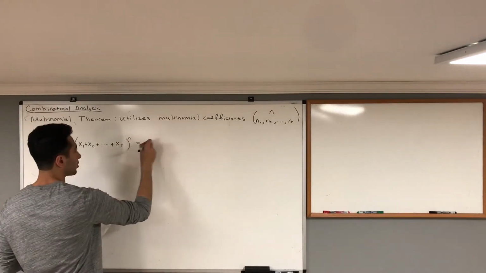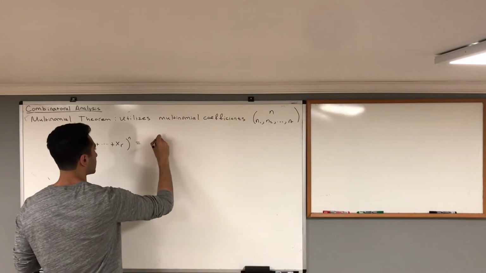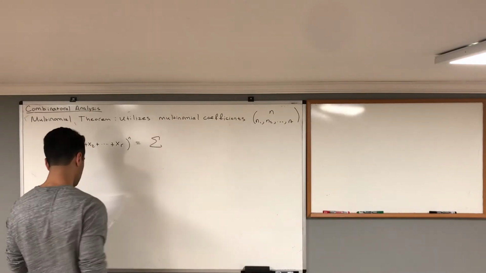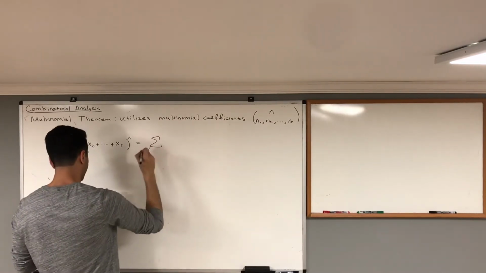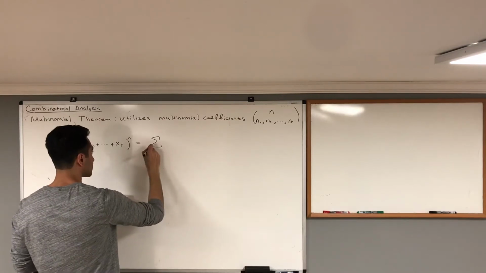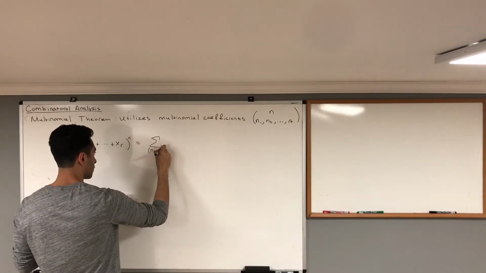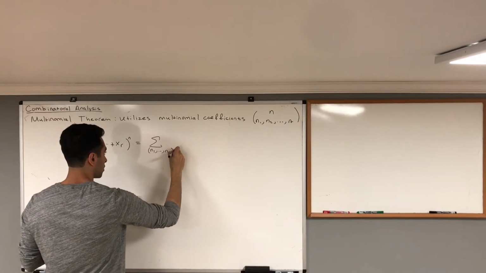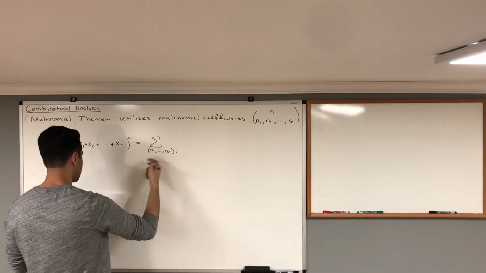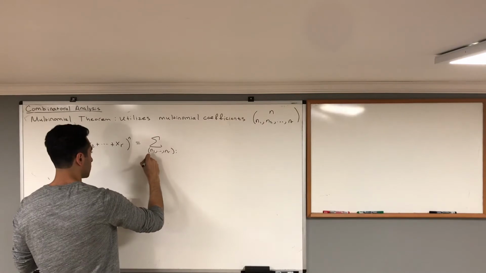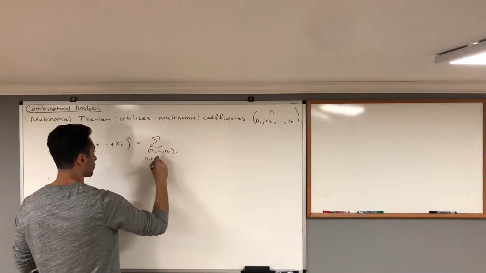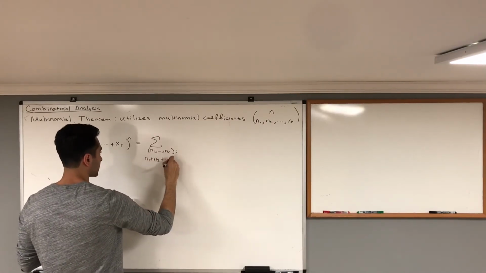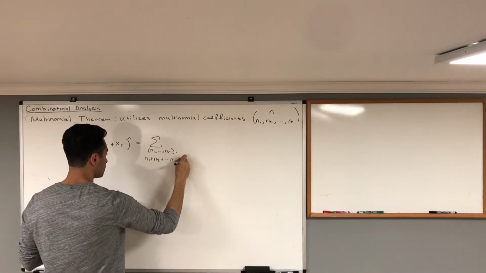Well, using multinomial coefficients, this can be regarded as the sum over the vector or the list of n1 to nr, such that the sum of this equals n. Right, we saw that right before.